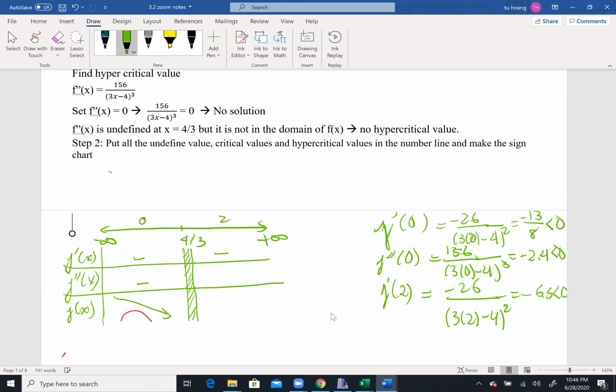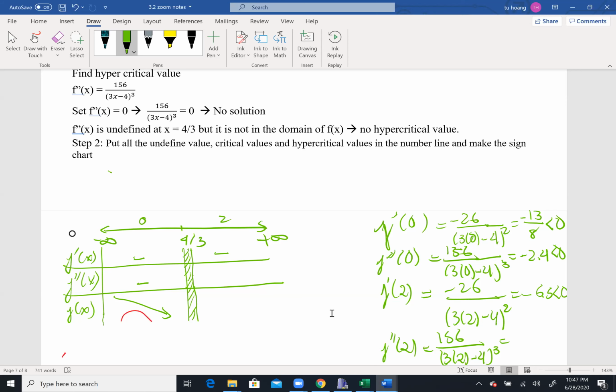And then f second derivative of 2 will give you 156 over 3 times 2 minus 4 cubed. That gives you 156 divided by 6 minus 4 is 2, to the power 3 is 8.